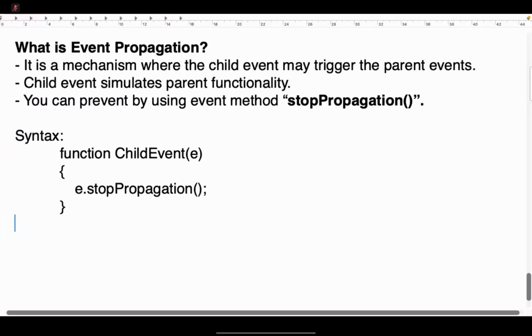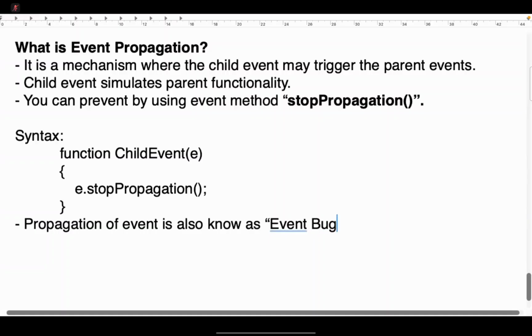Propagation of events is also known as event bubbling. Why is it called bubbling? Because we have a parent bubble and a child bubble inside.